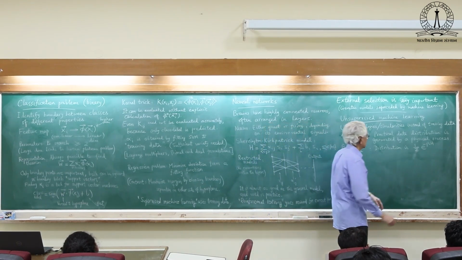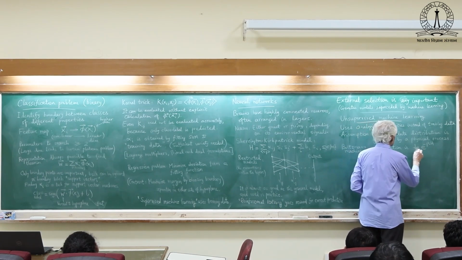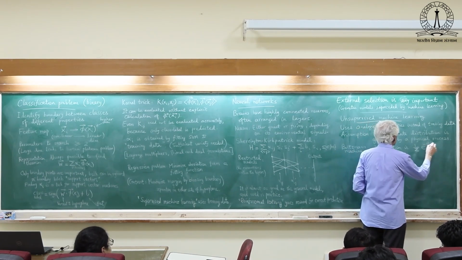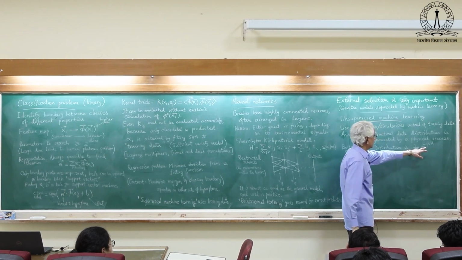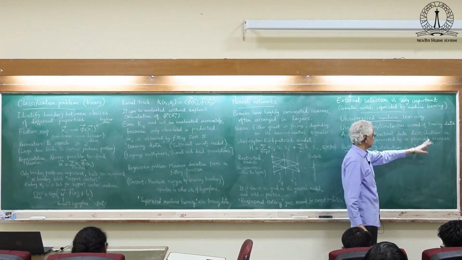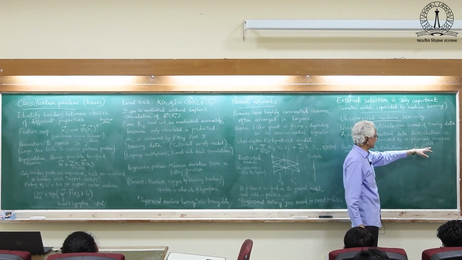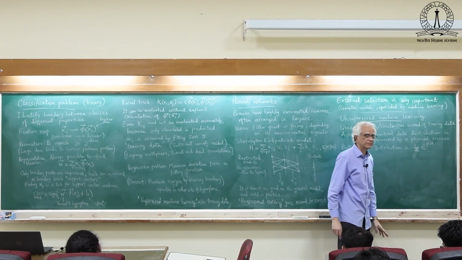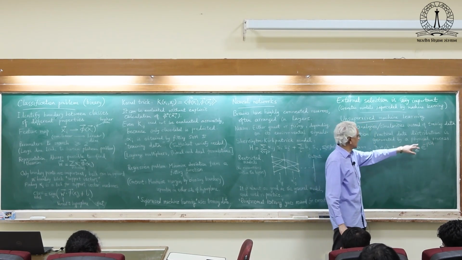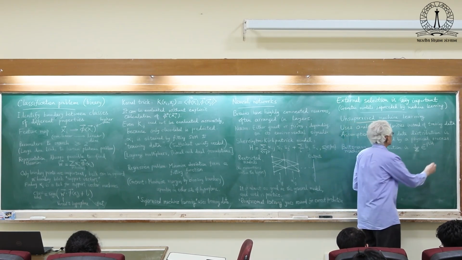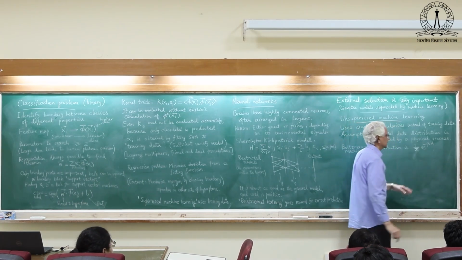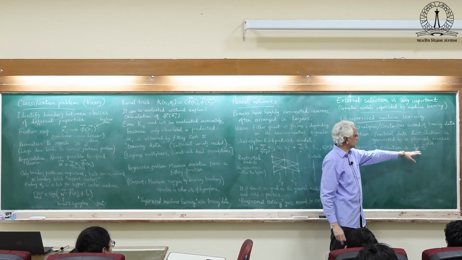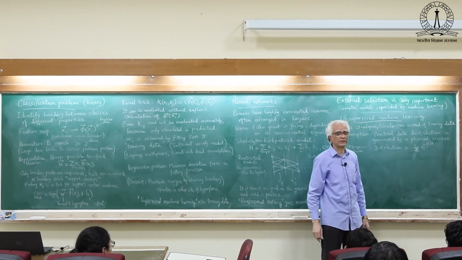This Z is just a normalization, the partition function, but the distribution is given by the exponential of some inverse temperature times some Hamiltonian. And this is a consequence of the assumption that what produced the distribution was some physical process.